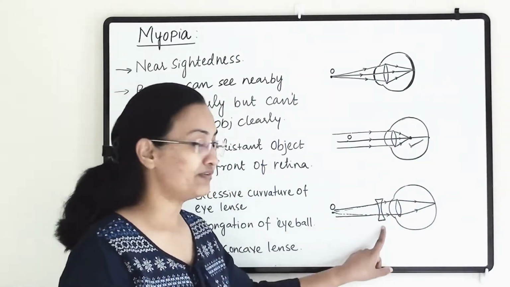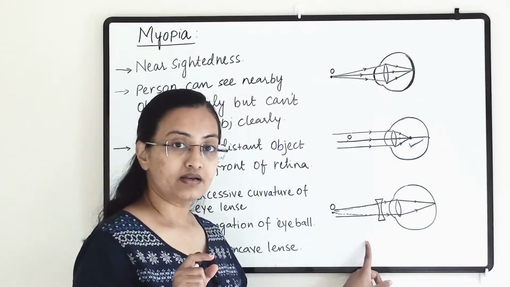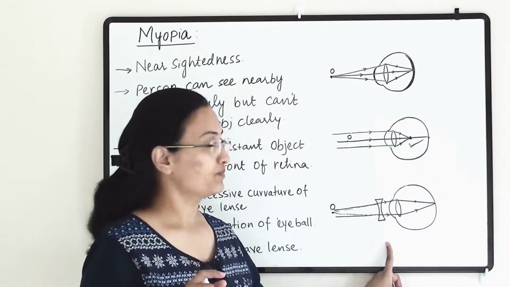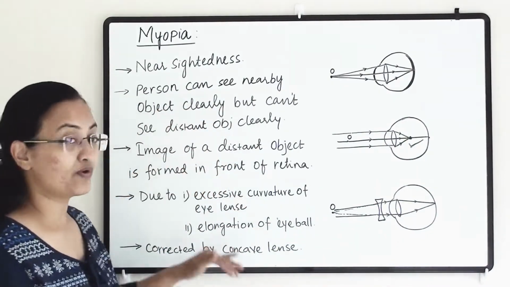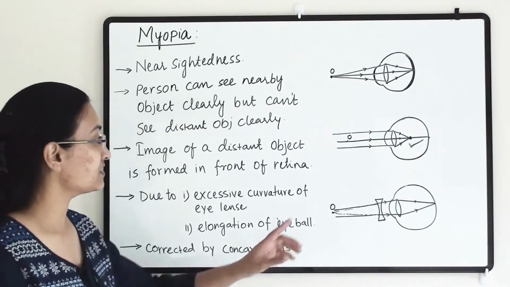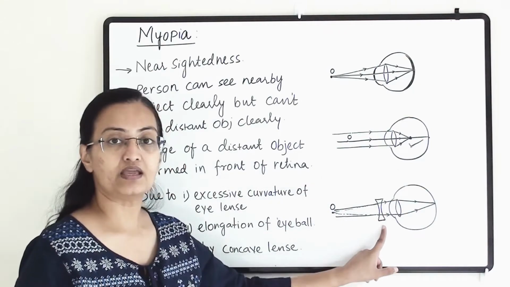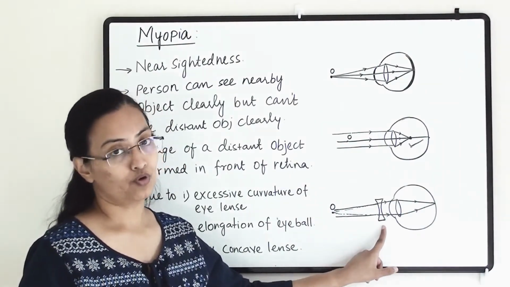So the power of the lens will decide whether this concave lens will correct this myopic eye or not. So this is myopia, which is also known as nearsightedness. In this defect, the image will form in front of the retina, and that will be corrected by a suitable power of concave lens.